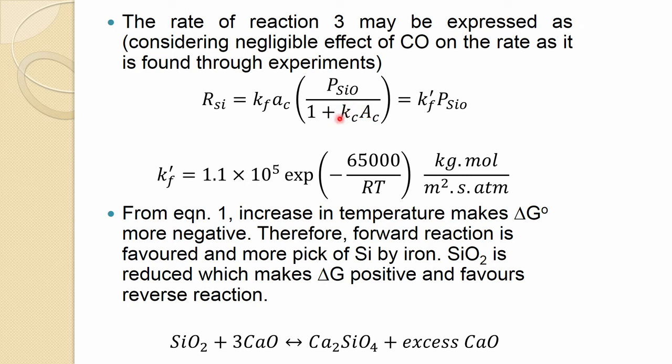Similarly, the partial pressure of silicon monoxide, P SiO. So, this term you put in that. So, really the rate of reaction is directly proportional to the partial pressure of SiO, and this rate constant is given by this expression.